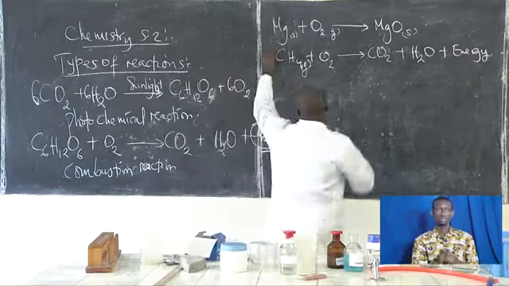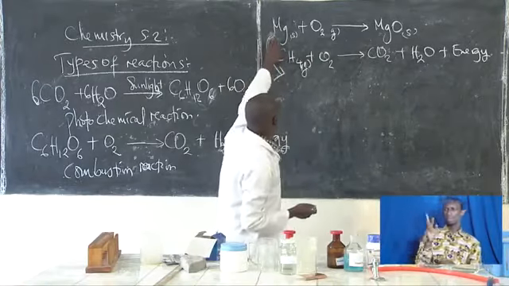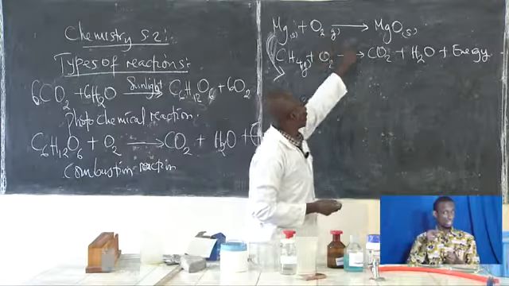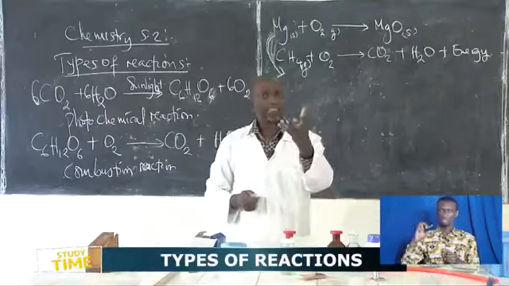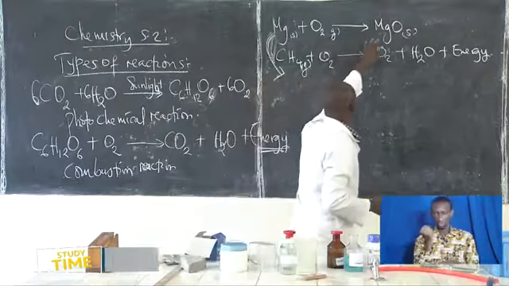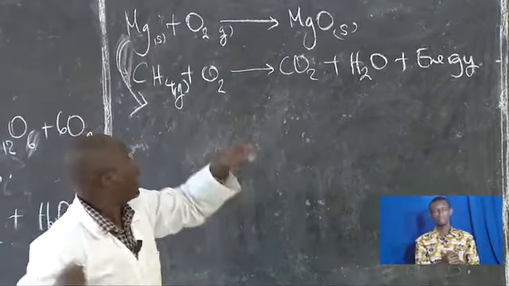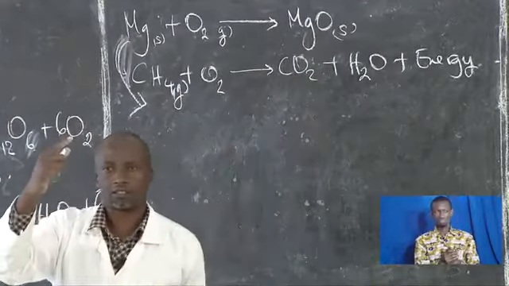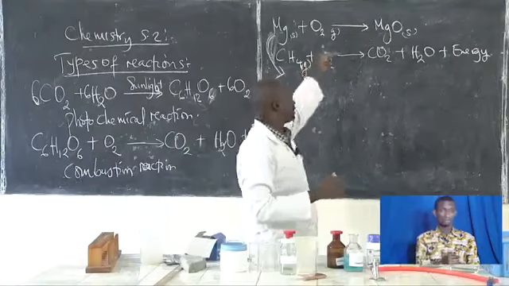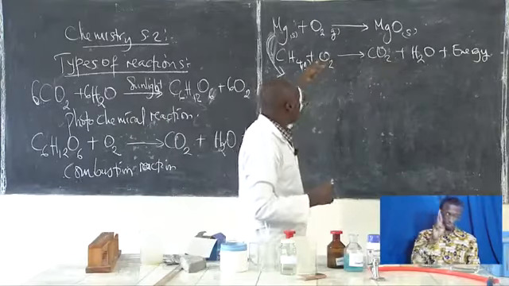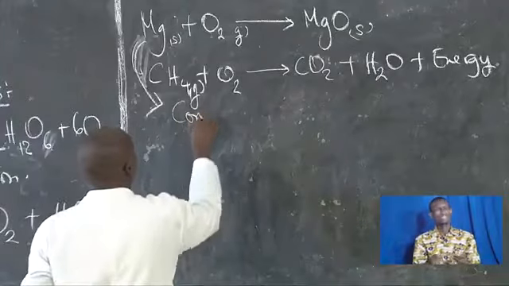Taking an example of this one, you have magnesium combining with oxygen to give magnesium oxide. When you look at that product, it is made up of two elements combining together, and they are producing one product. So the type of reaction that is similar to this one, we can also call combination.